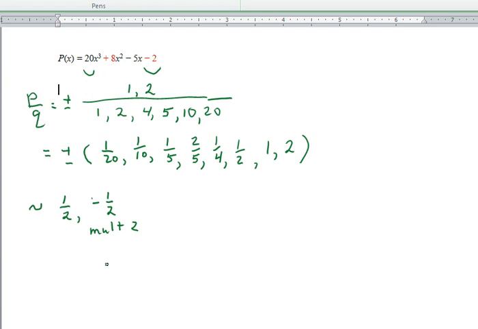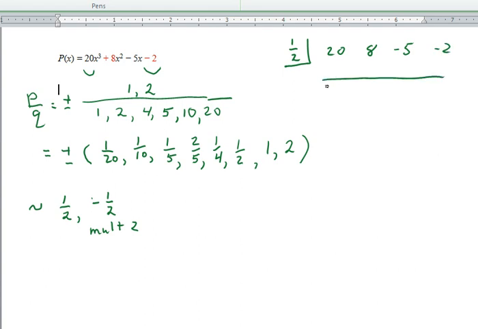Let's start. I'm going to start up here in the top left-hand corner with my synthetic division. So I'm going to use 1/2 first as my divisor. I'll copy down the coefficients, 20, 8, -5, and -2.